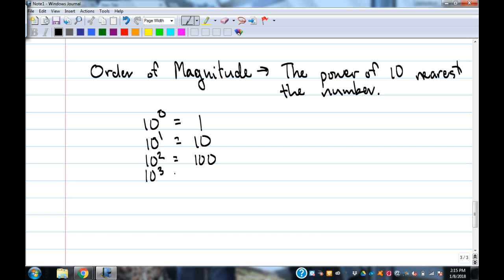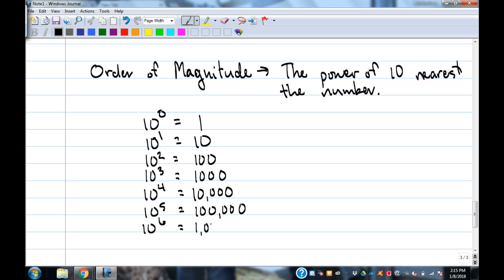What's 10 cubed? 10 times 10 times 10 is 100 times 10, which is 1,000. 10 to the 4th, 10,000. 10 to the 5th, 100,000. 10 to the 6th, 1 million. Exactly. You just continue that pattern. That's the powers of 10.